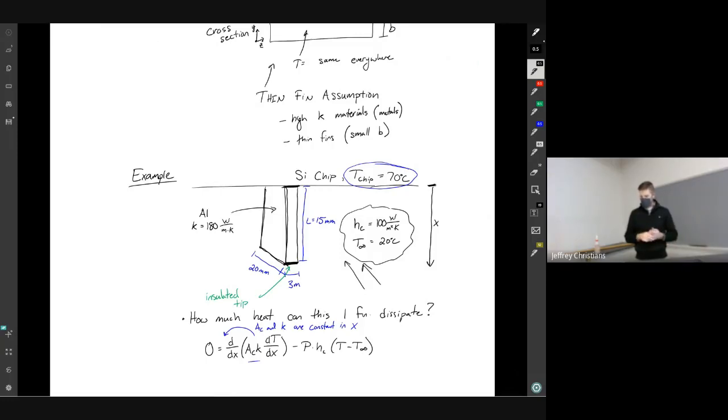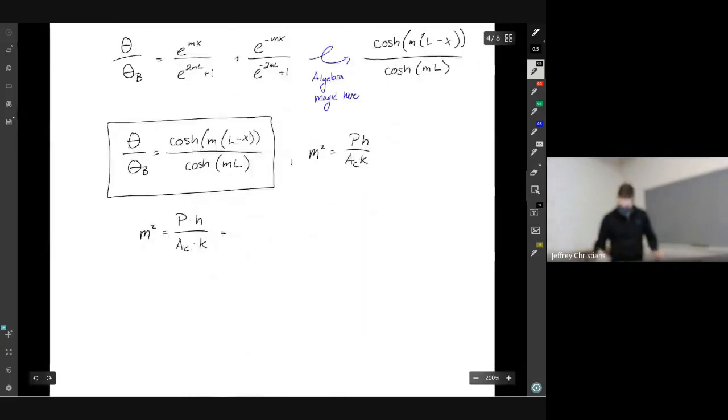Our cross-sectional area is 60. So this is 46 millimeters by 60 millimeters squared.